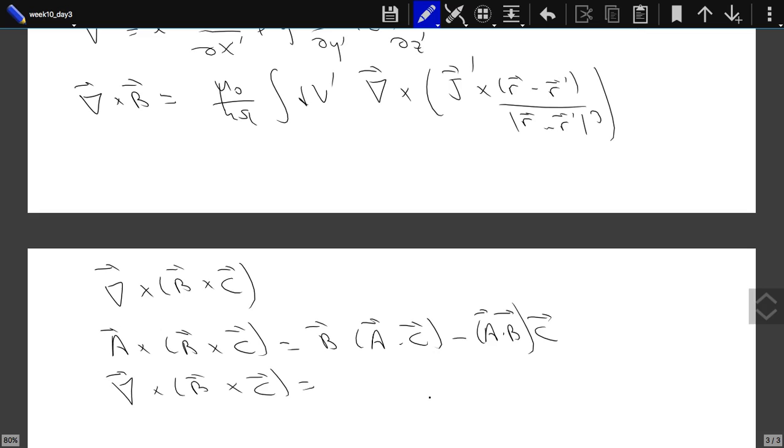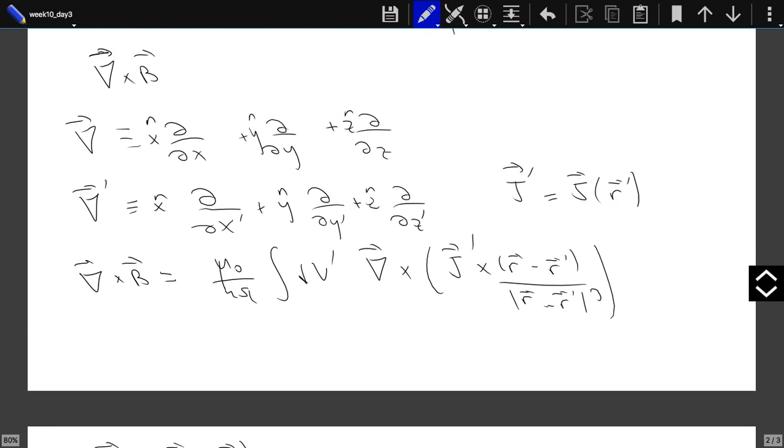Well, it is basically the same. You see, keep in mind, here I'm taking the curl with respect to the coordinates of R. This only depends on R prime, doesn't depend on R. So I don't need to worry about the derivatives of this thing.